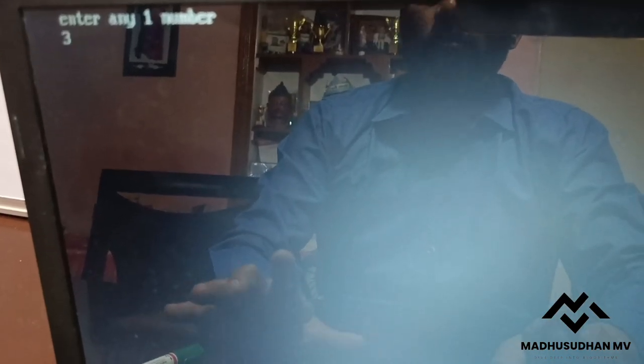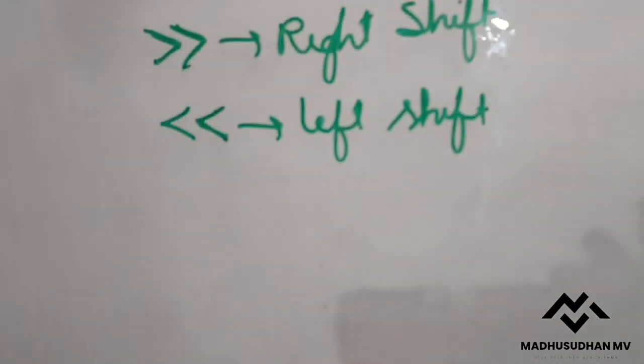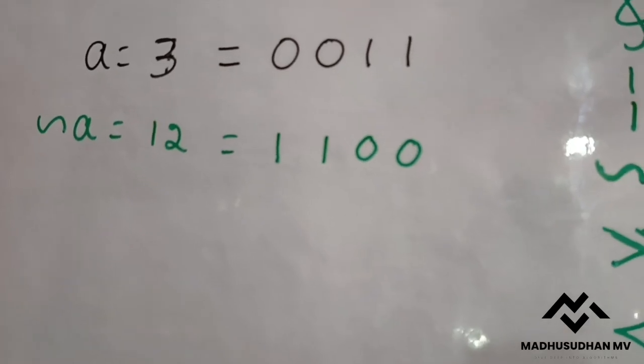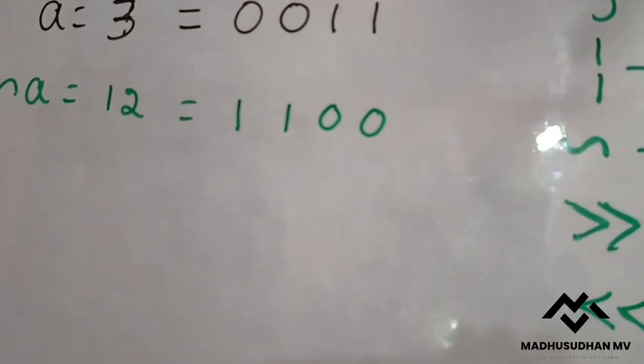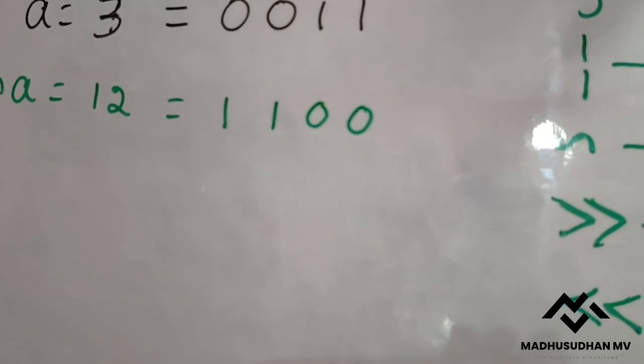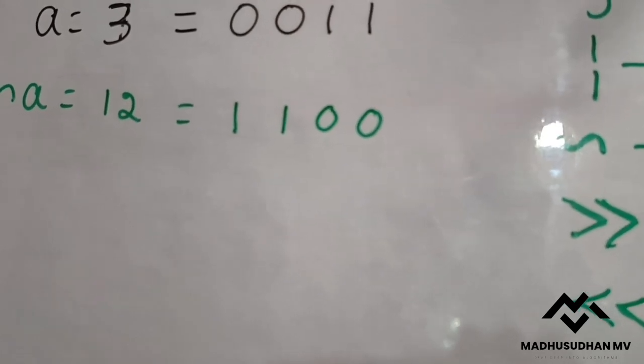Now enter any one number, 3. For 3, leave the value 12, what I should get is 1100. Don't worry about the 12, we won't get 12. I will explain why. I should get 1100 for 3.